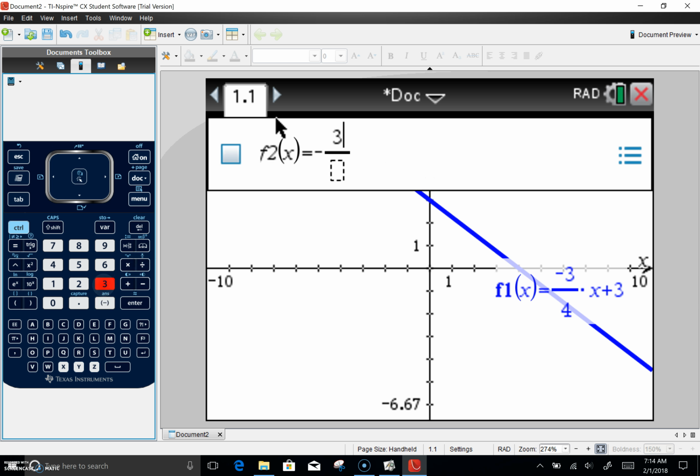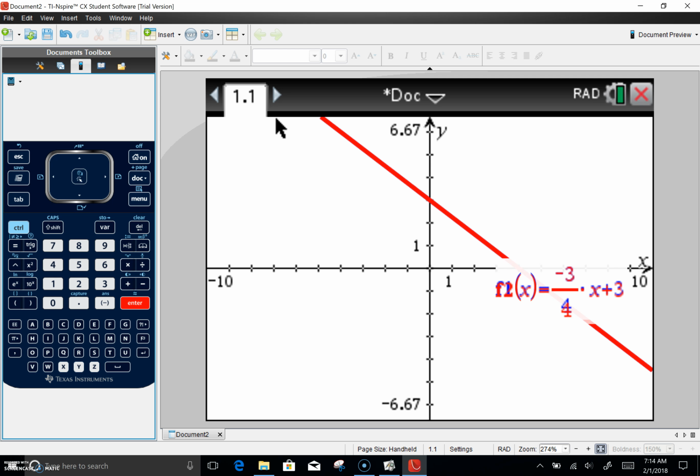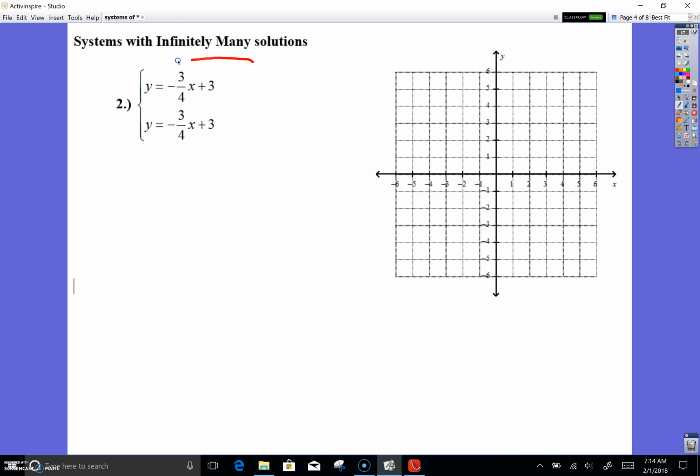Tab, I'm going to do the same thing: negative, control divide, 3 over 4, x plus 3. And if you notice, you see the red and the blue lines are together. Okay, so this is infinitely many solutions. And again, I'm going to just graph it by hand, just pick 2 points.